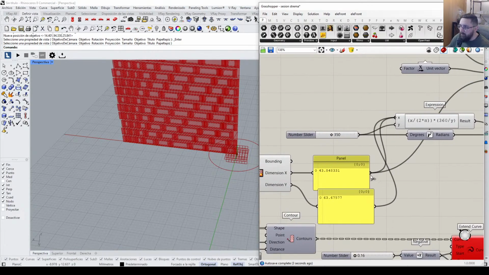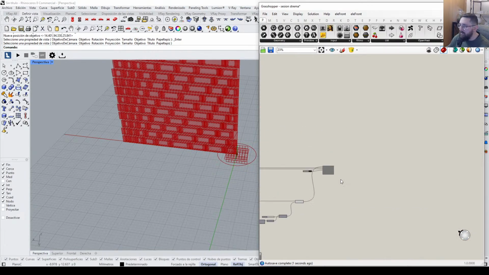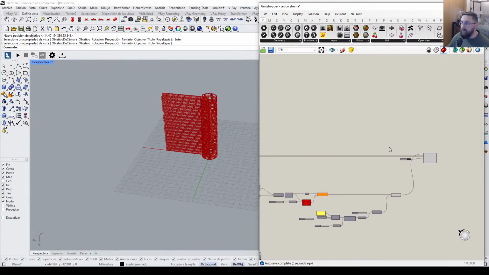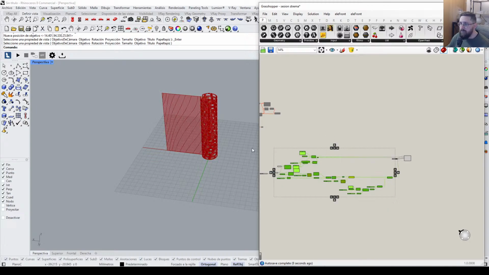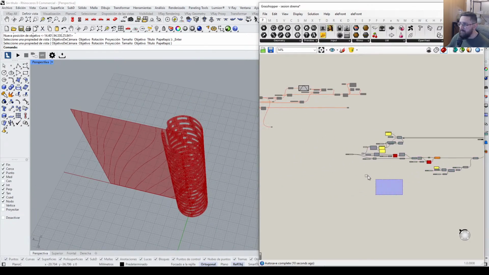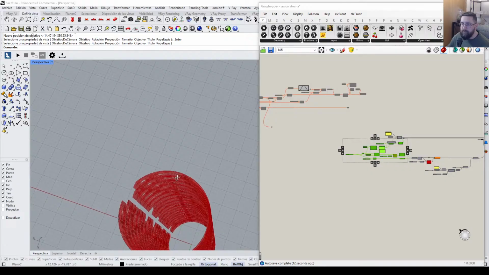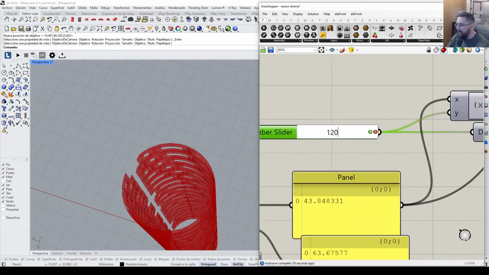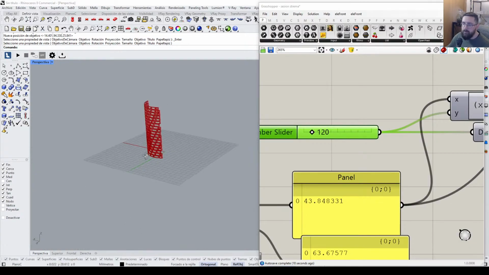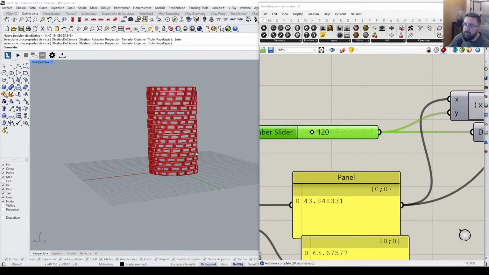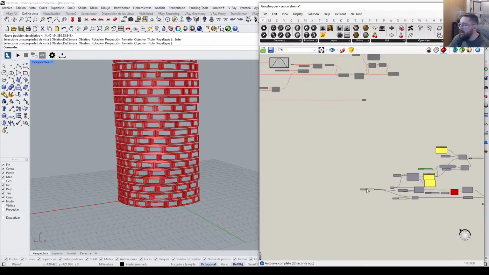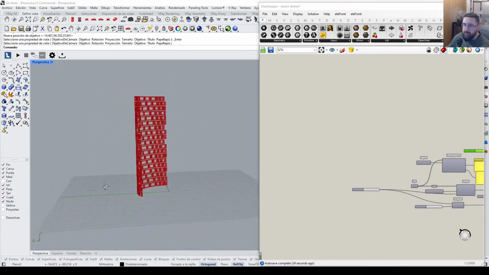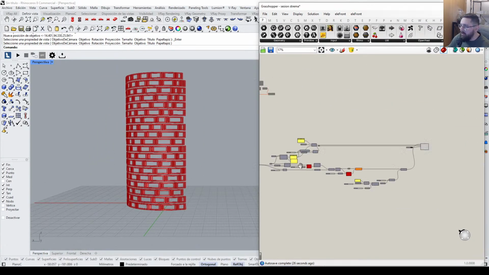Okay, I know what the problem was. This is correct. Okay, now. There we go. Okay, that makes more sense. So that's one way you can do it.